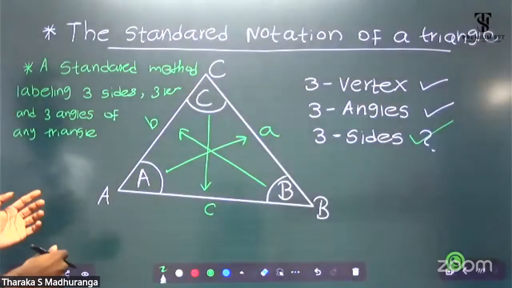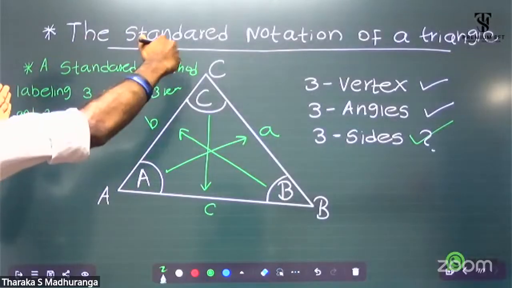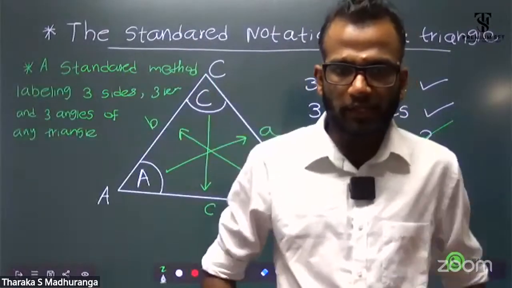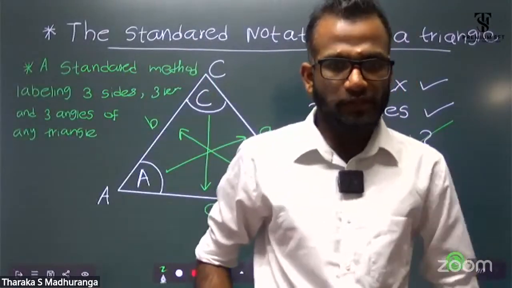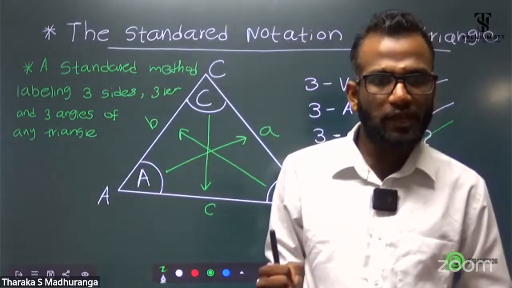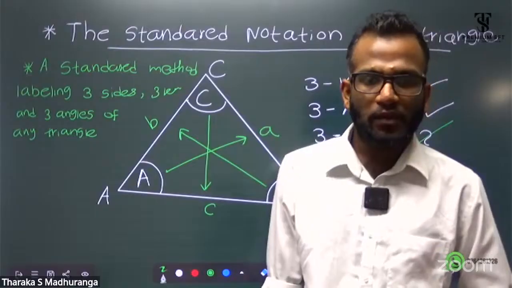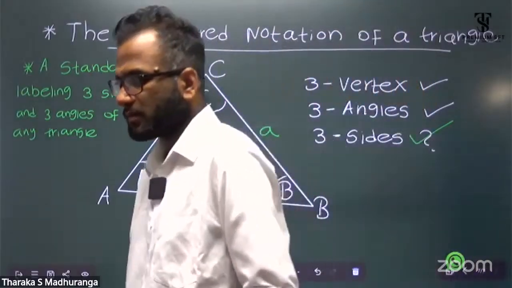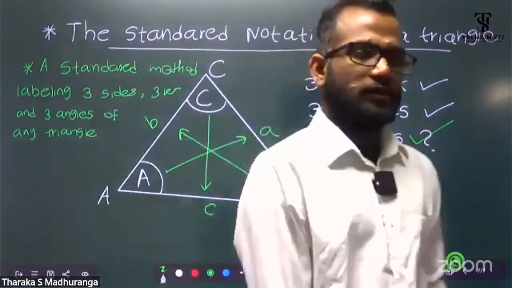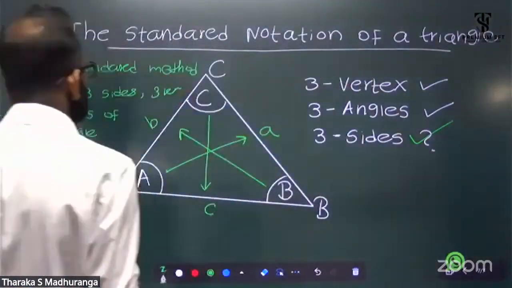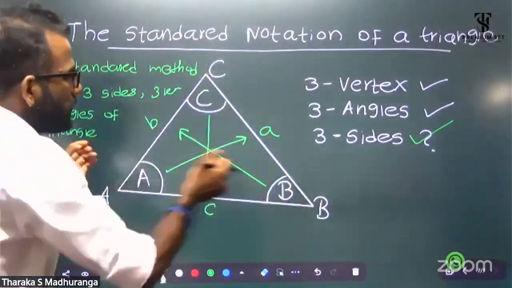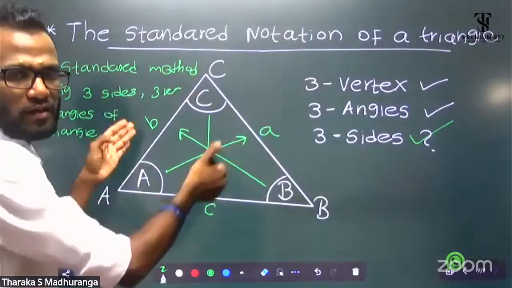Okay. Simply, the standard method labels these three vertices, three angles and three sides.